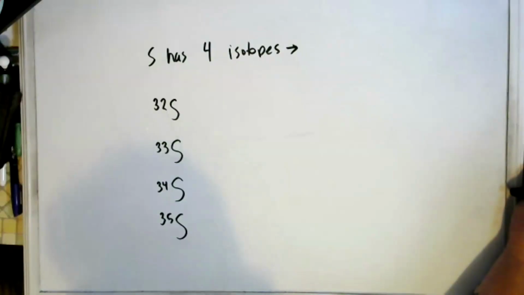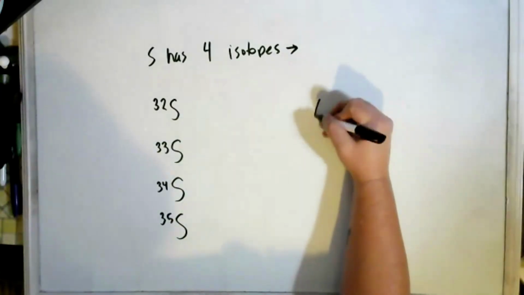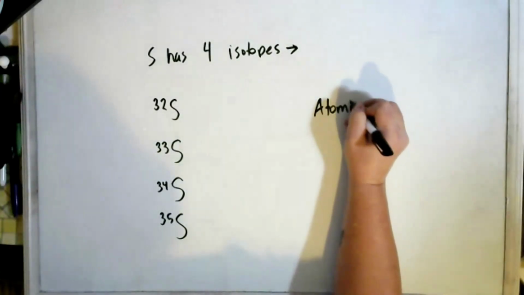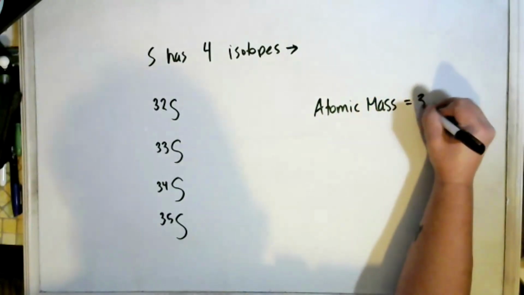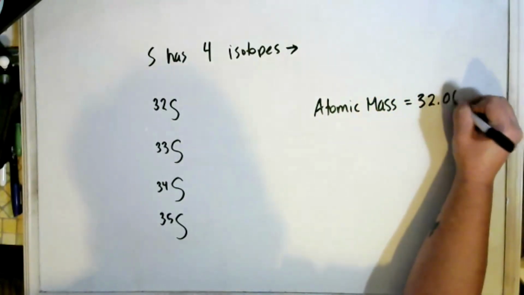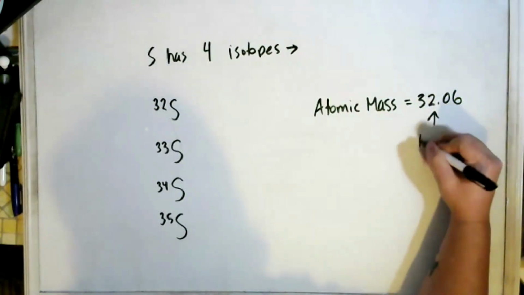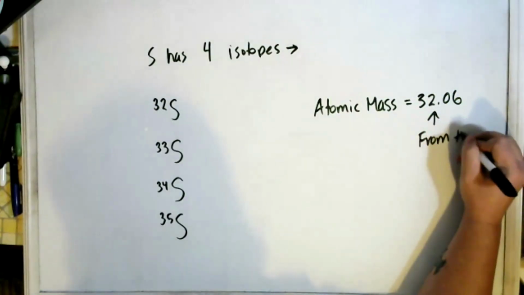When you look at the mass of sulfur on the periodic table, that atomic mass is 32.06.